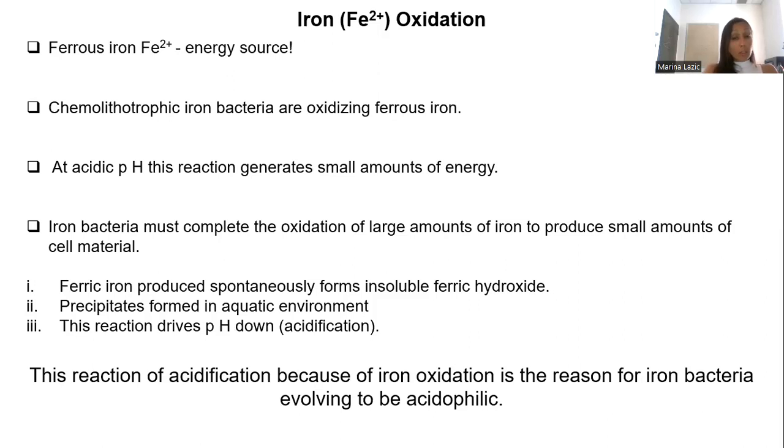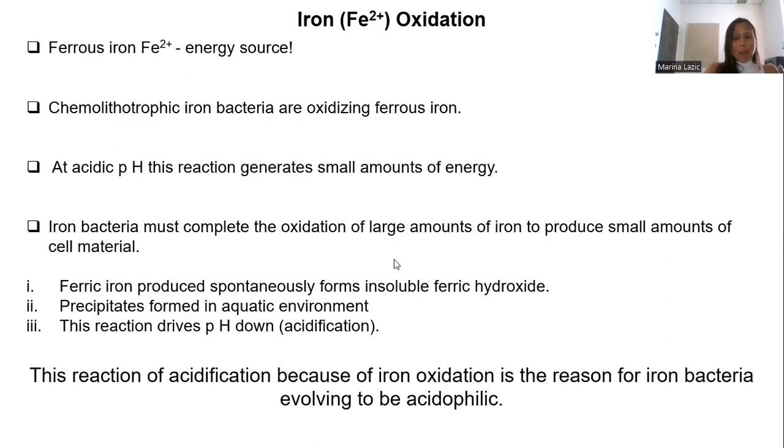In terms of iron oxidation, it has to be ferrous iron, 2+, full of electrons. So these chemolithotrophic iron bacteria are able to oxidize ferrous iron, and at acidic pH, this reaction with iron oxidation gives a very small amount of energy. What that means is that iron bacteria must complete the oxidation of large amounts of iron just to produce small amounts of cell material.